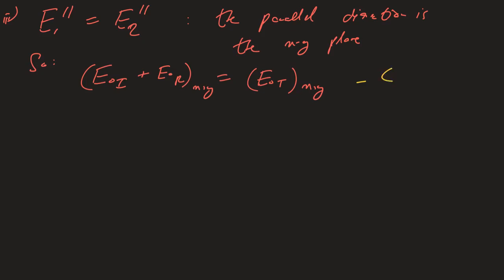Let me just use the same convention we've been using. This is our third boundary condition, and our fourth boundary condition is that 1 over mu1 times the perpendicular component of the B field in material 1 is equal to 1 over mu2 times the perpendicular component of the B field in material 2, right?